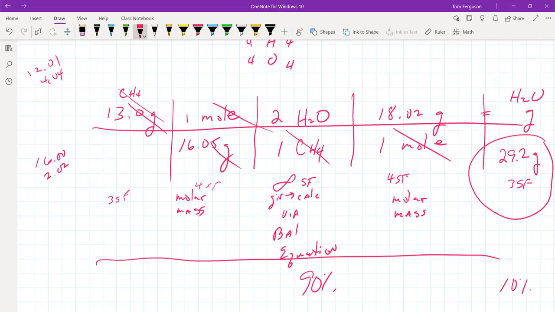Or say you start with 4 times 10 to the 23rd molecules of methane. Then this is going to be Avogadro's number instead of the molar mass. You just got to get it to moles. And then this relationship from the balanced equation is a mole to mole relationship. Remember, there are 2 things from a balanced equation, molar relationships and molecular relationships. So we can't do anything until we get to moles.